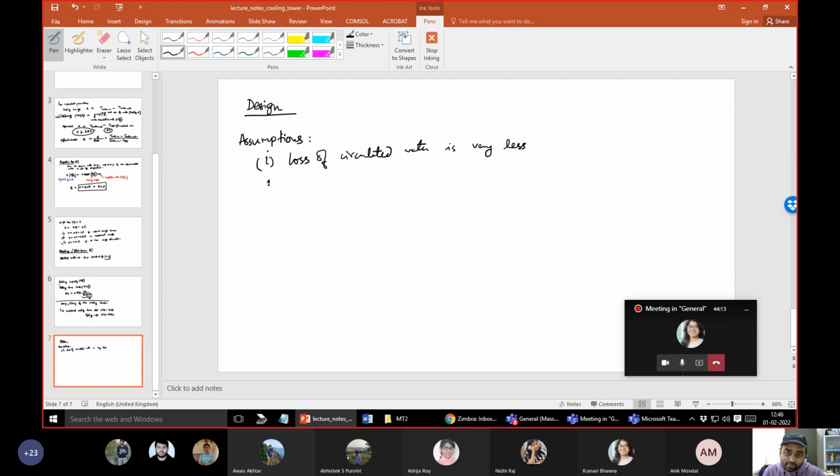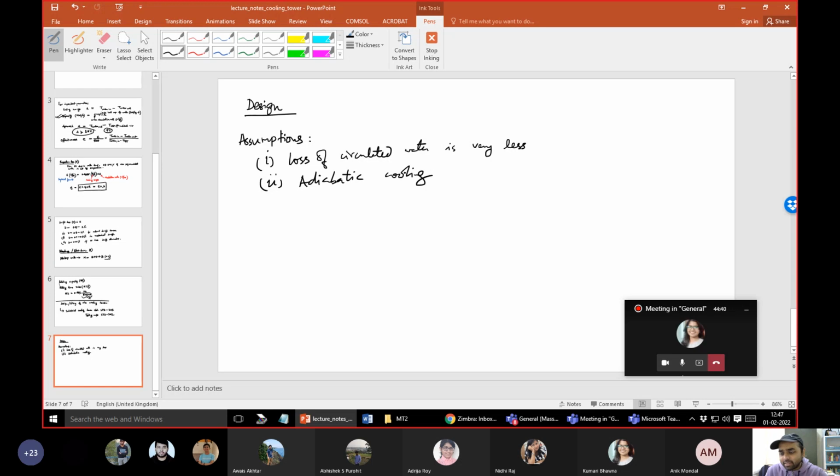The second assumption is that it is adiabatic cooling. In an ideal situation, this is what we want to achieve: that the drop in the water temperature is only due to the loss of heat by evaporation. It may not be the case in reality, as there may be some heat exchange with the surroundings also, but that we are ignoring.